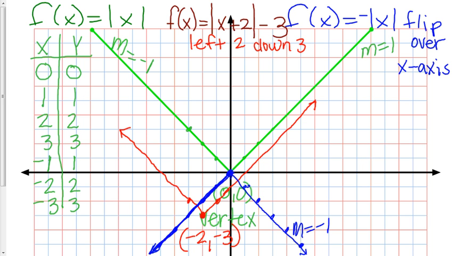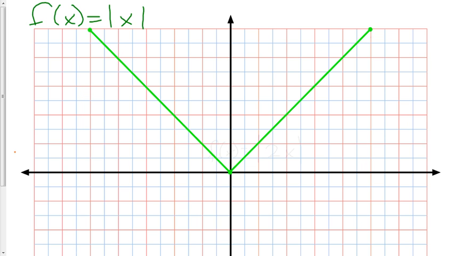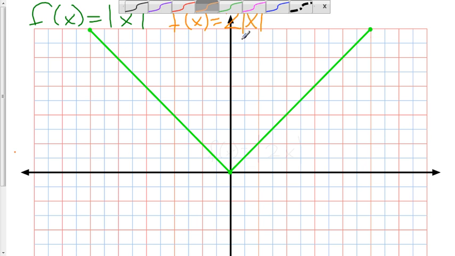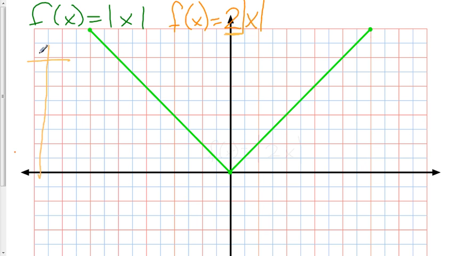And many other things can happen to our absolute value function. And what we're dealing with today will be things like this, where it's 2 times the absolute value of x. Now those are going to affect the y values because it's not inside with the x. And so if we're going to look at this with a chart, if you pick the coordinate 0, substituting 0 into this would still be 0 times 2 is still 0.